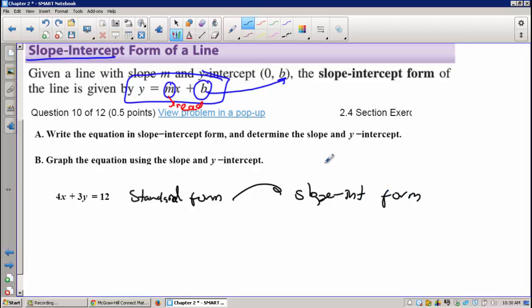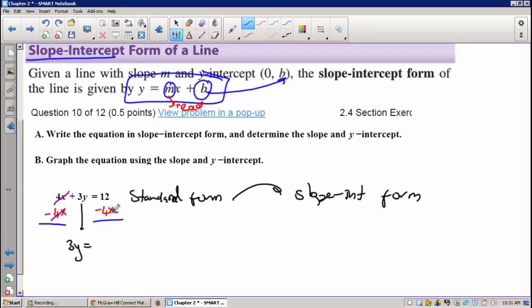Guess how? By isolating y. To isolate y, what do I need to do? I will first remove 4x from the left side by subtracting 4x from either side. Cancel, cancel. You see 4x is gone. So you have only 3y left.